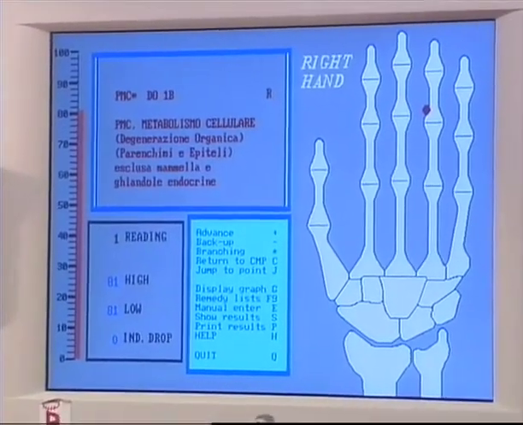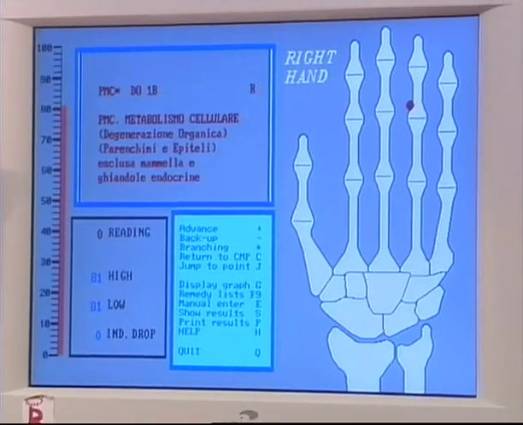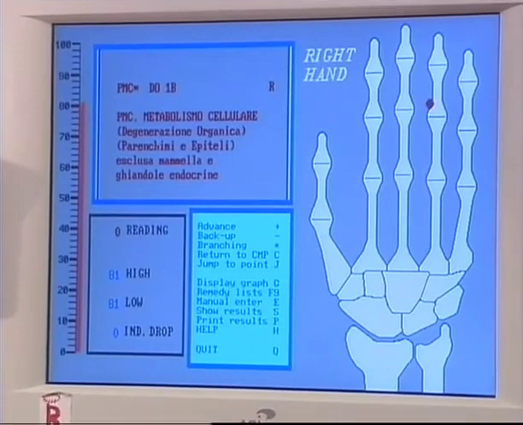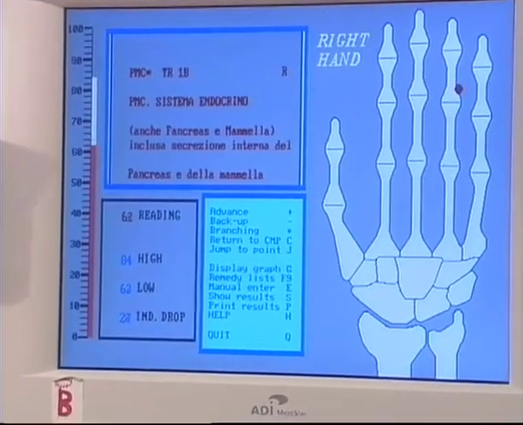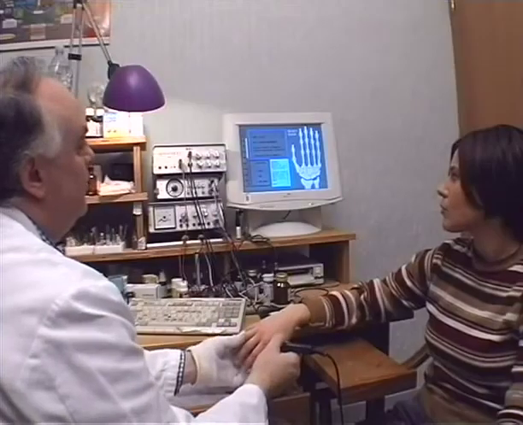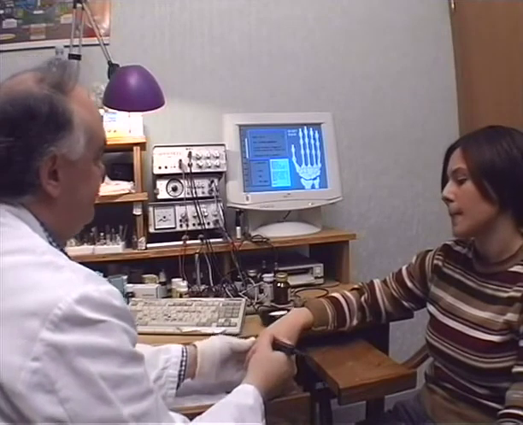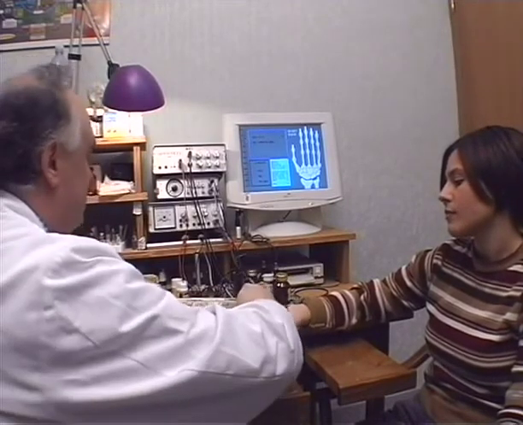This, the cellular metabolism, indicates the presence of degenerative layers of cells. It's very important. This is the endocrine system, very important for a woman. The heart and the small intestine.